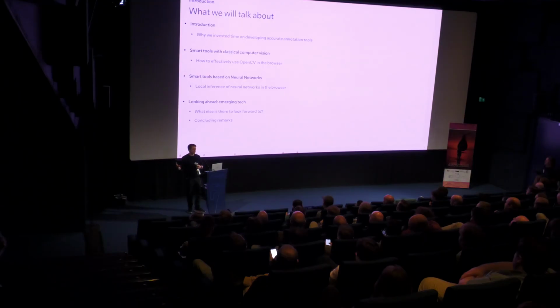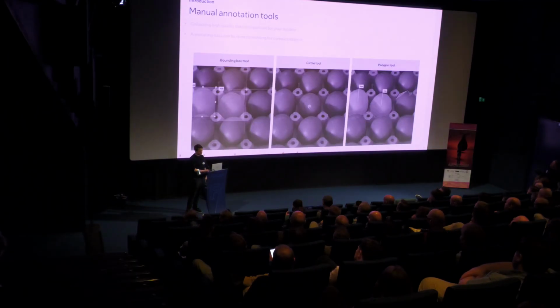It's mainly C++ based, and we had to compile to the browser, to WebAssembly for the browser. I'll show you how we did that and some gotchas in there. Then we saw that the smart tools with classical computer vision weren't really good enough, so we invested some time in using neural networks locally in the browser. And finally, I'll have some concluding remarks, etc.